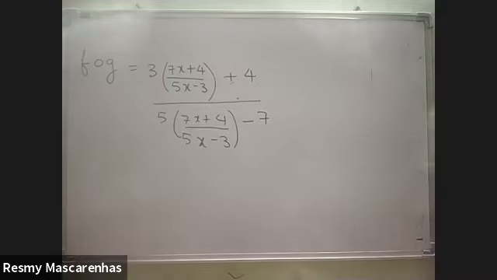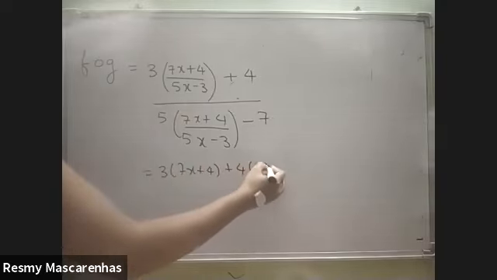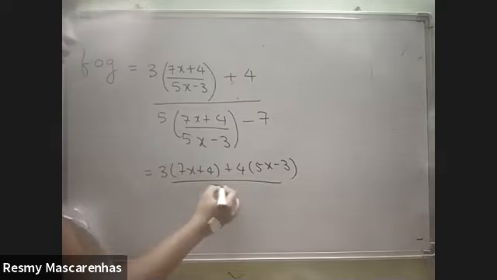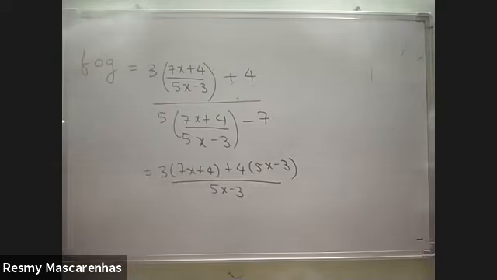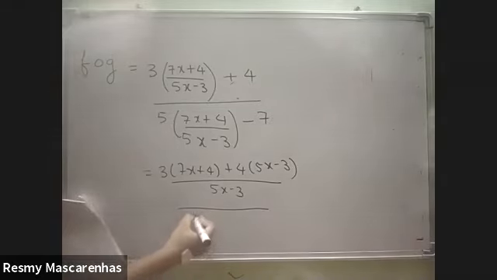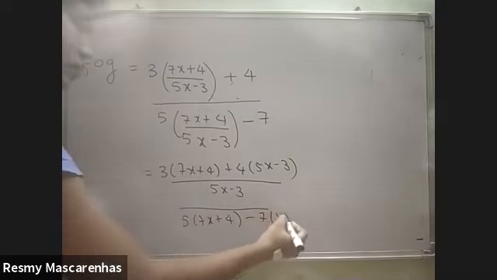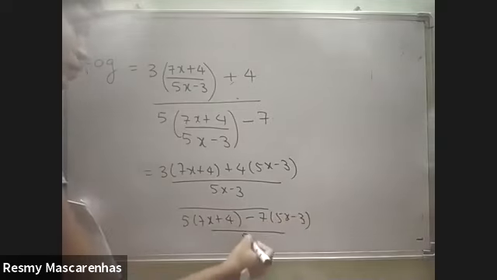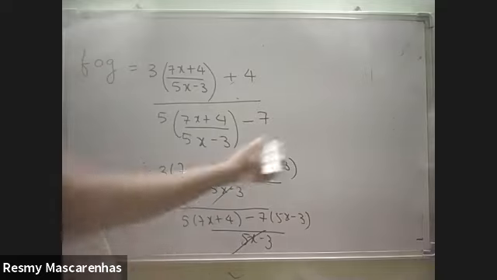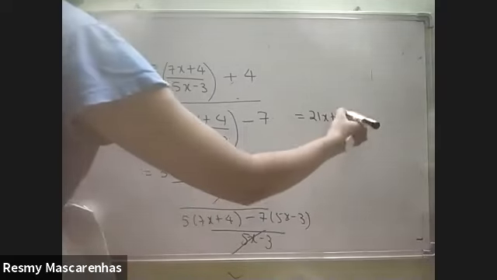Okay, so the whole G I have substituted in F. And then you cross multiply and simplify. So this will be, then 3 4s are 12.